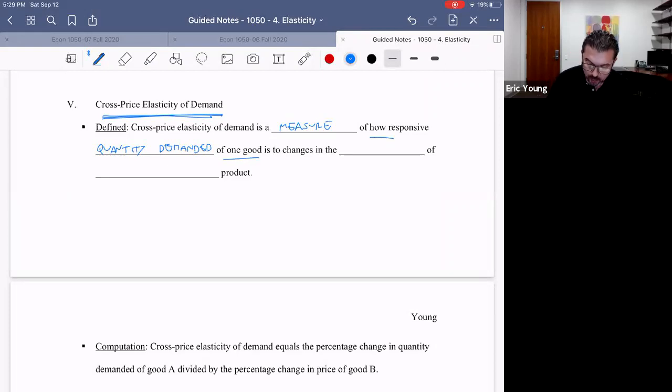So again, cross meaning one good to another good, the cross-price elasticity of demand is a measure of how responsive the quantity demanded of one good is to changes in the price of another product.